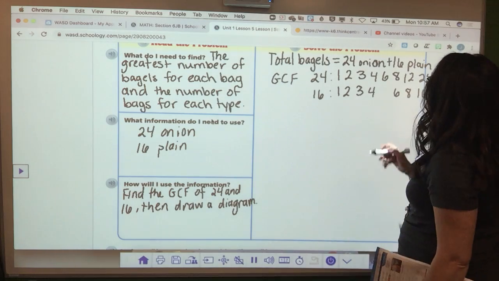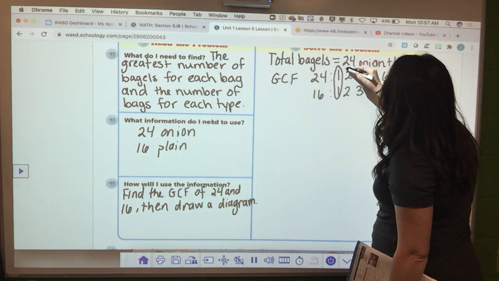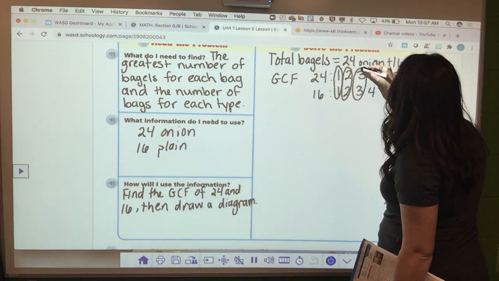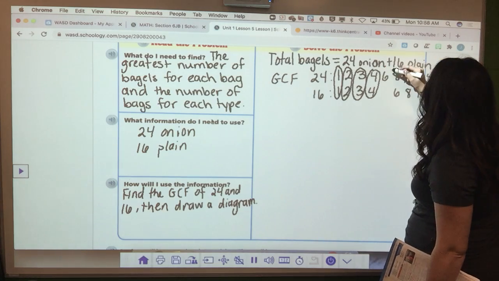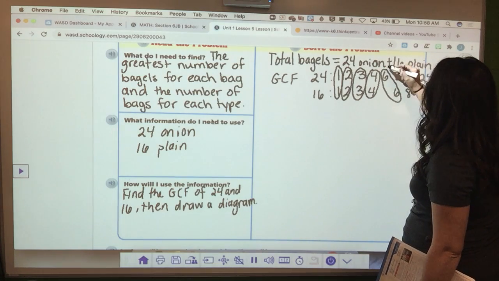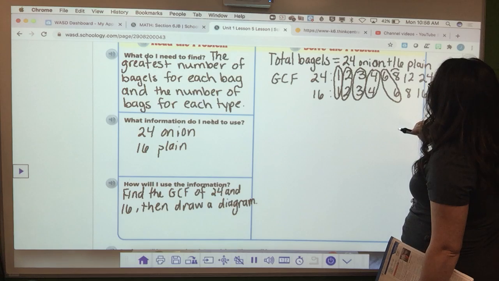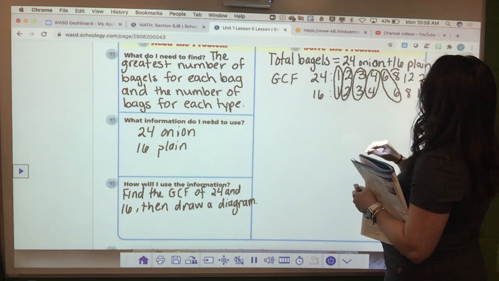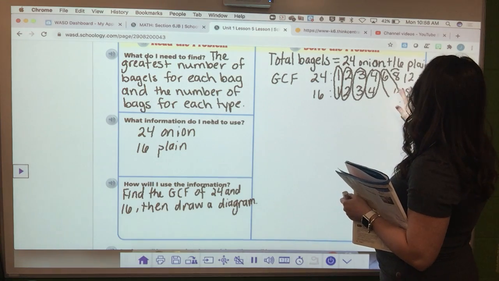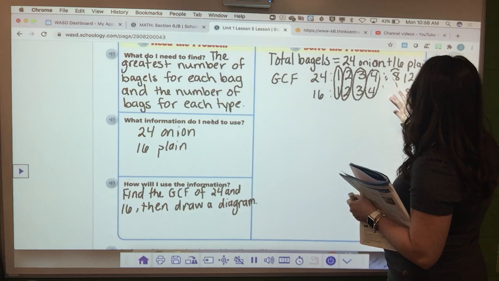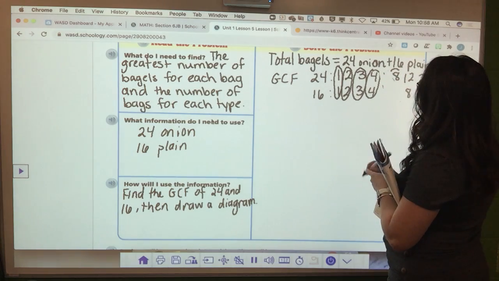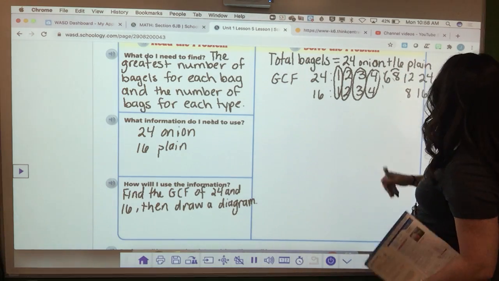Okay? Circling our common factors, 1, 2, 3, 4, 6. No, not 6. Why do I have a 6 in here? Nothing times 6 is 16. 3 times 6 is 18.